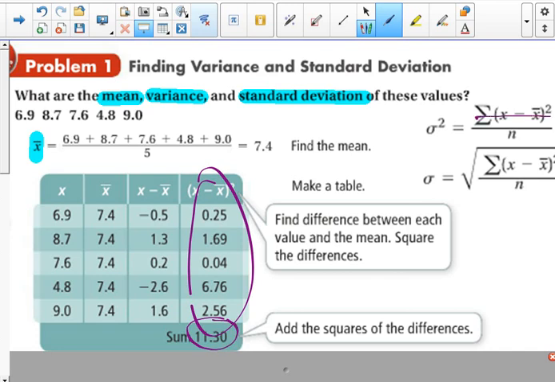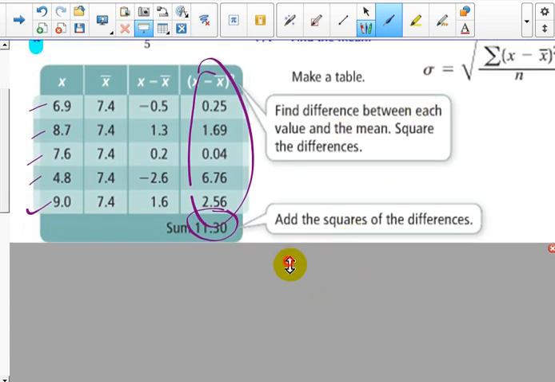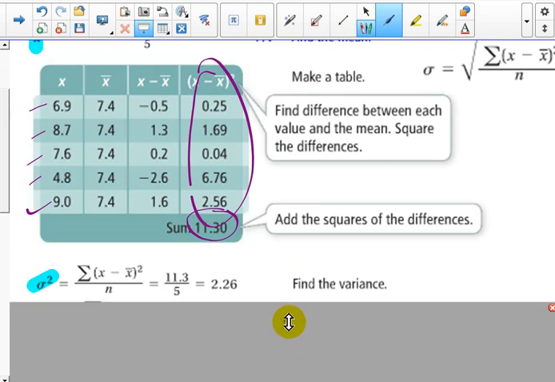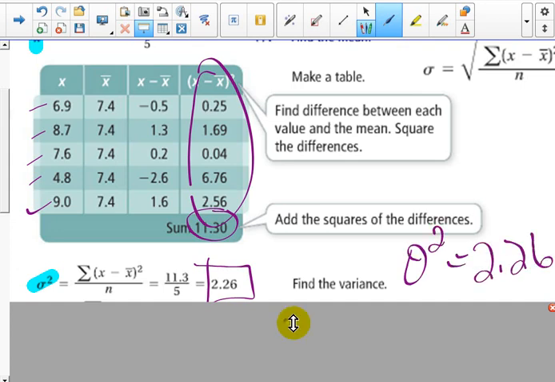Now, that gives us that numerator right there, 11.3, right? Now we have to divide that by the number of elements, which was 1, 2, 3, 4, 5. So 11.3 divided by 5 gives us our variance. And when you get that, it's 2.26. So our variance, sigma squared, is equal to 2.26. That's how you get the variance.